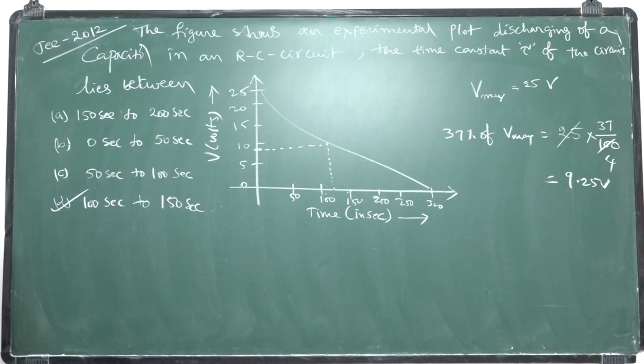The time constant is the time taken by the circuit to decrease its charge available to 37% of the maximum charge that it can store. Here 9.25 is approximately in between 100 and 150. So the option for the given question is option D.